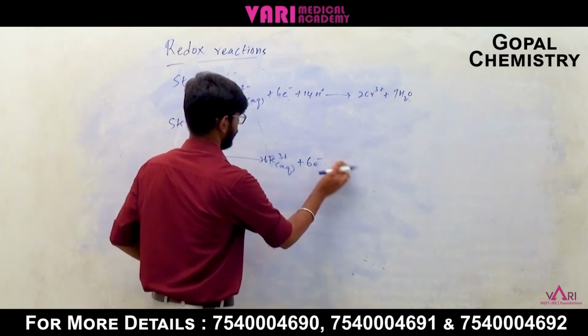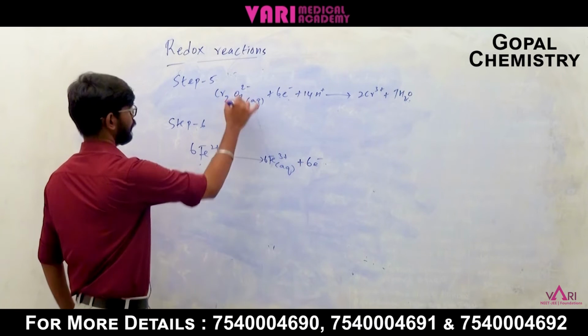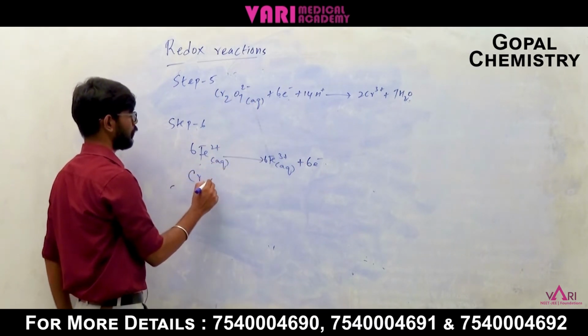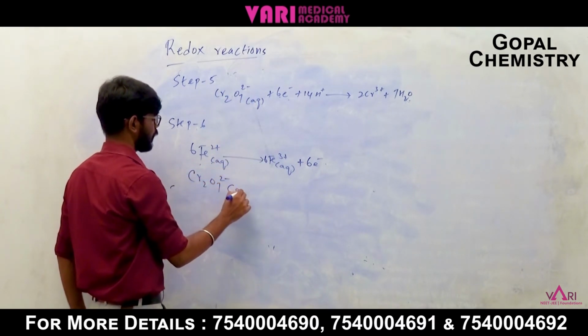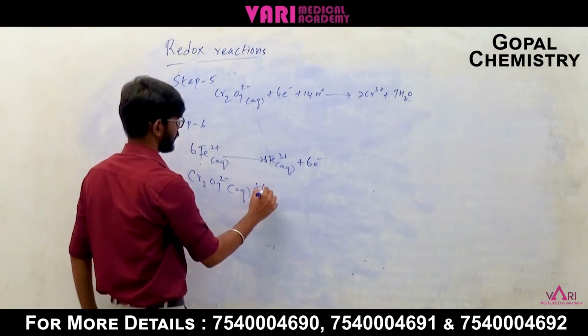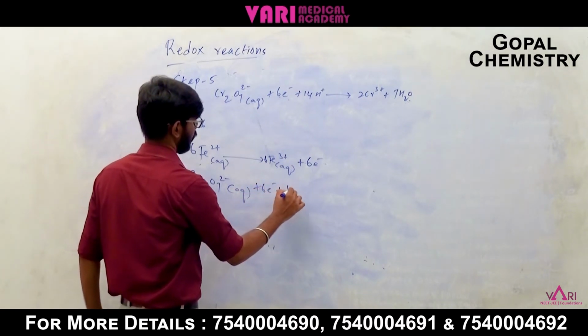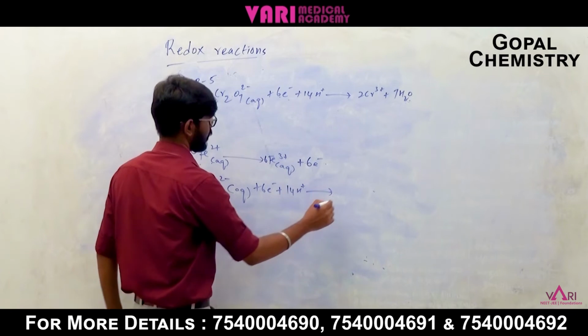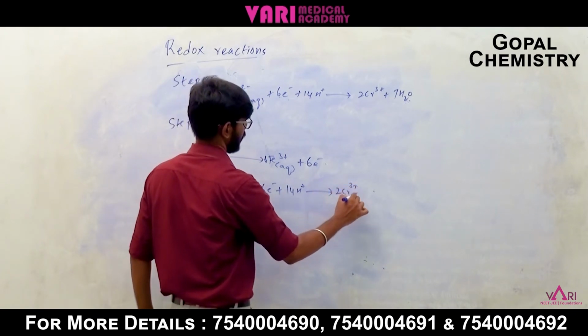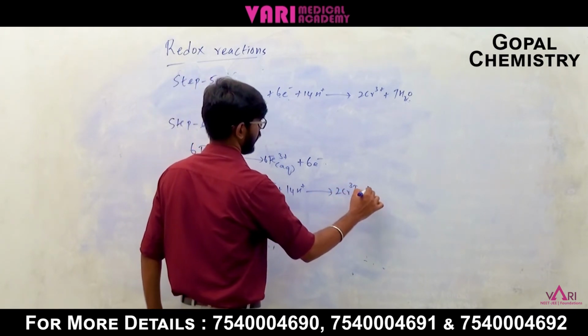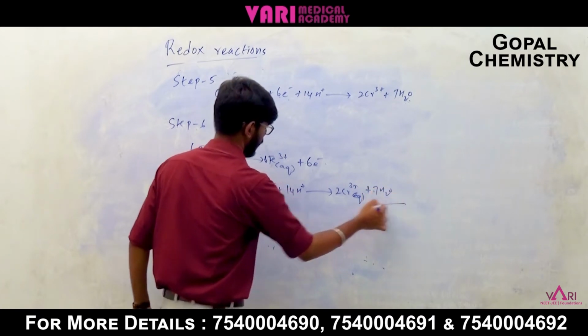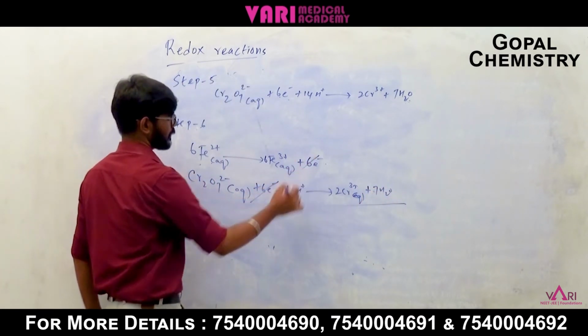Okay, so next one is we have to add this one also, Cr2O7 2 minus aqueous plus 6 electrons plus 14 H plus will give 2 Cr3 plus aqueous, okay, and 7 H2O. See, we have to cancel this electron.